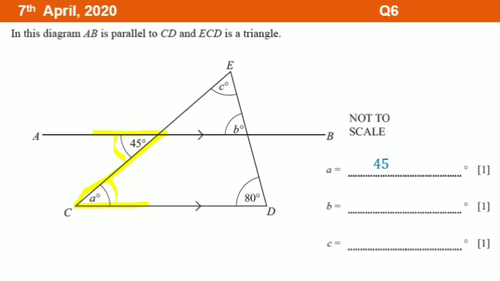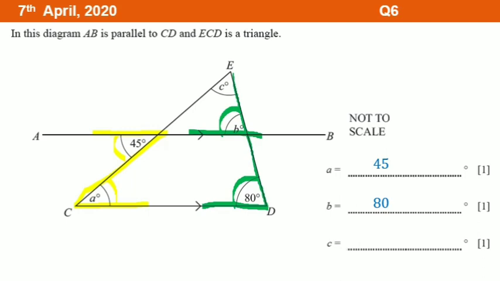Now let us go to angle B. Remember, if two angles make an F shape, they are called corresponding angles. So this is also making an F shape, this is corresponding also, so B will be equal to 80. Now continue. ECD is a triangle, right?